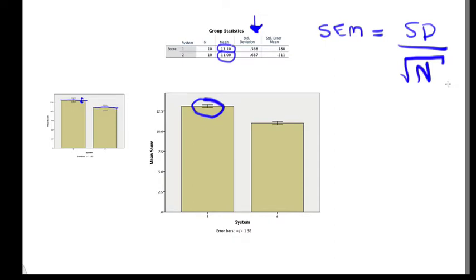So as n goes up, generally speaking, the standard error will go down. As we increase the number of items in the sample, we will decrease the standard error in the mean.